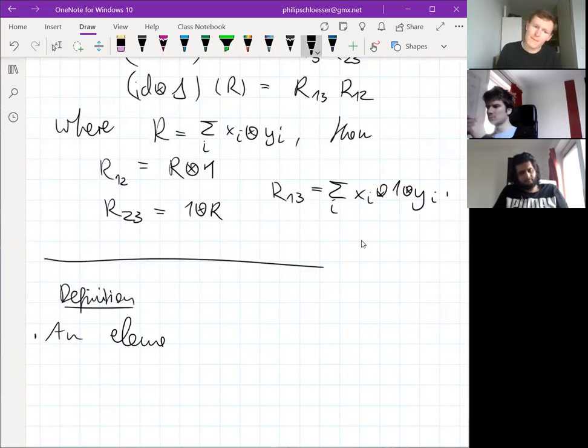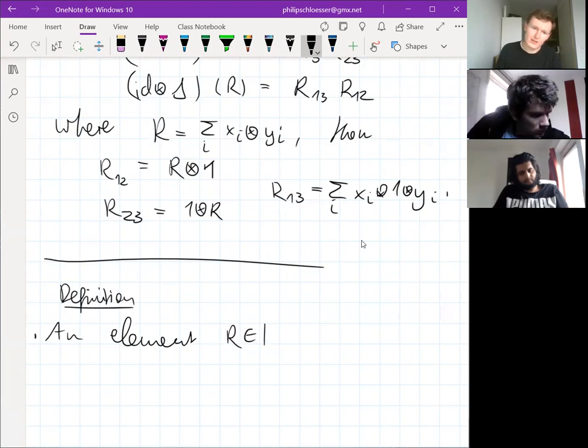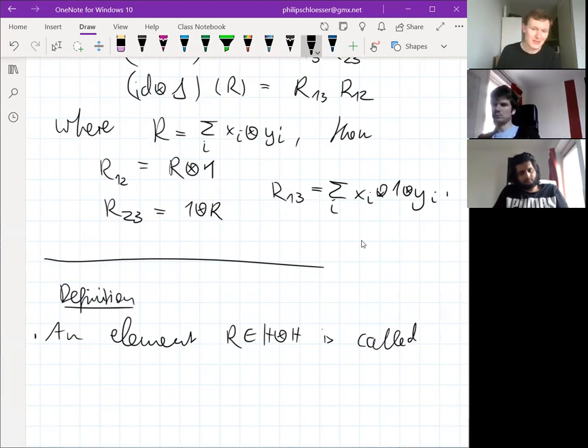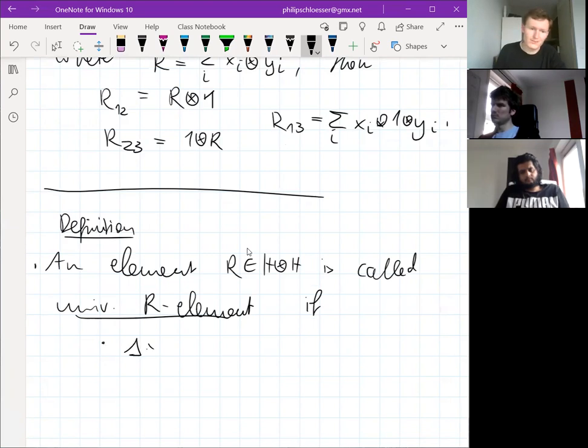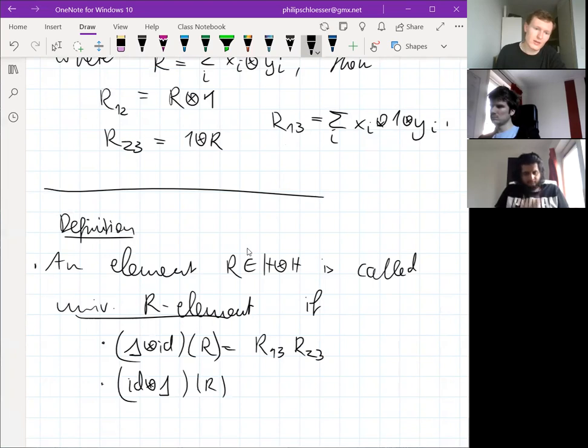An element R in H tensor H is called a universal R element, or R matrix, I suppose, if this thing is R13 R23, and identity tensor delta applied to R is R13 R12.